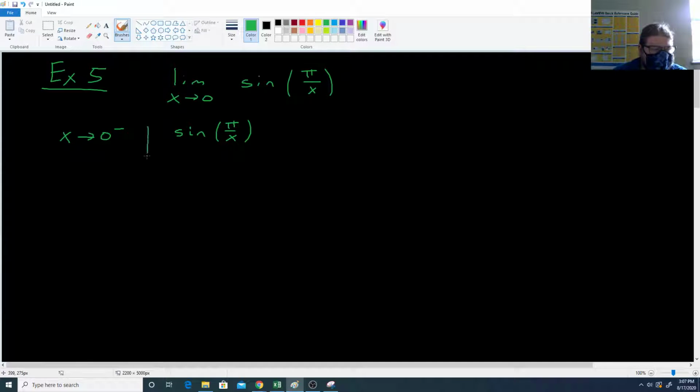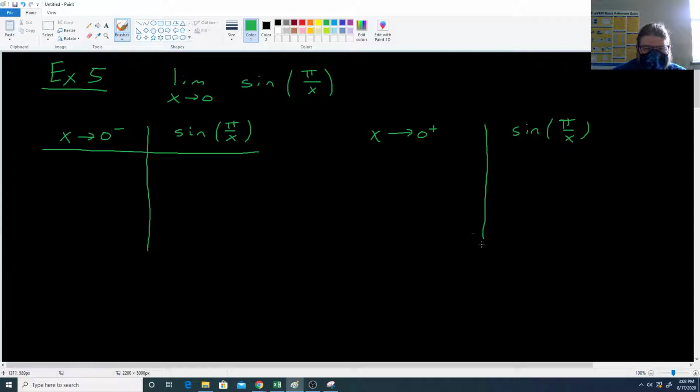So we're going to look at this kind of numerically first. Then as x approaches 0 from the right, what is sine of pi over x giving us back? So as we approach 0 from the left, that would be like negative 0.0001, maybe negative 0.0005, negative 0.00007.